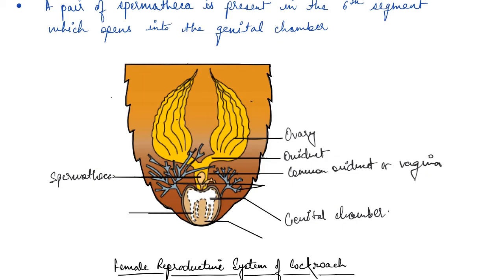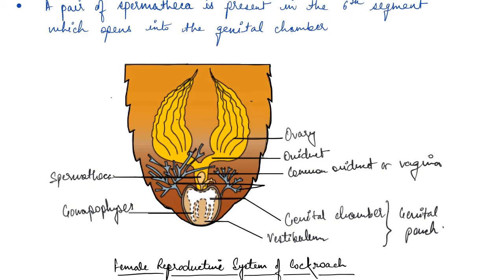And spermatheca is present in the sixth segment, which also opens into the genital chamber. And at the end, you have the vestibulum. Now, guys, chamber and vestibulum together is known as genital pouch. And then you have the gonapophysis, the opening.